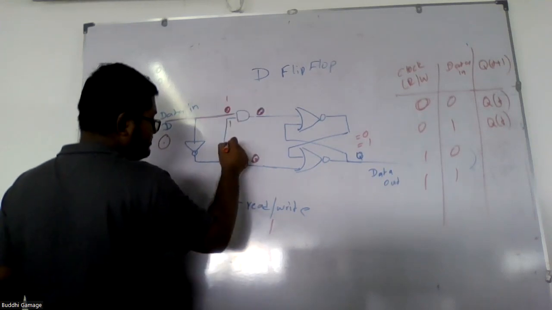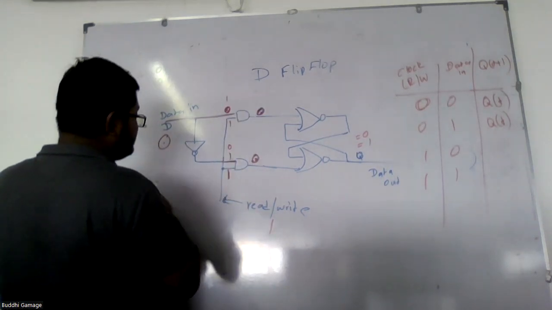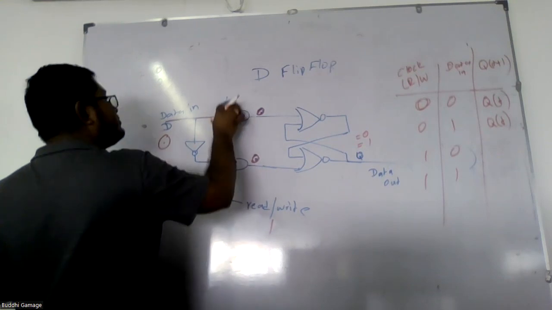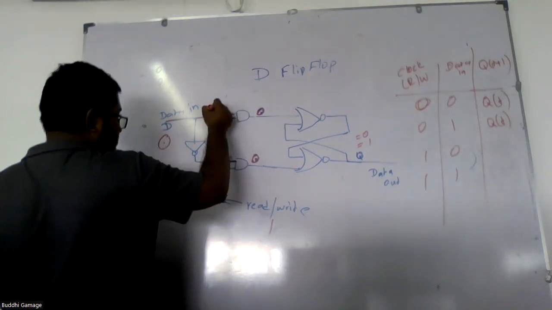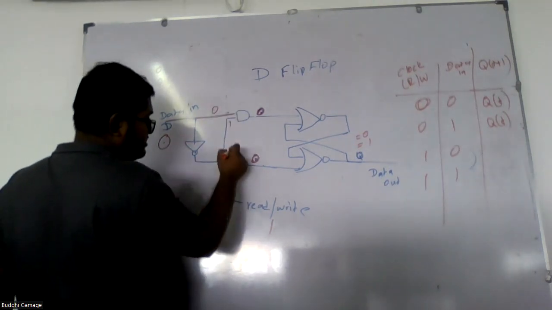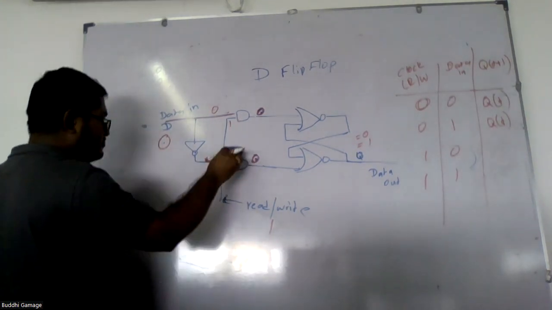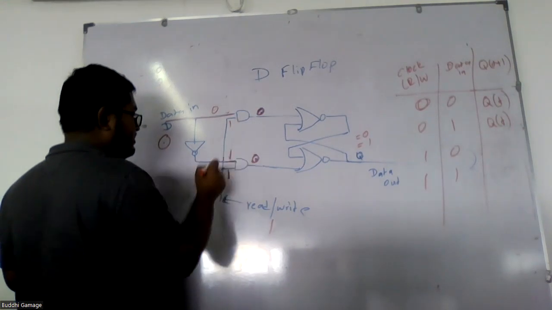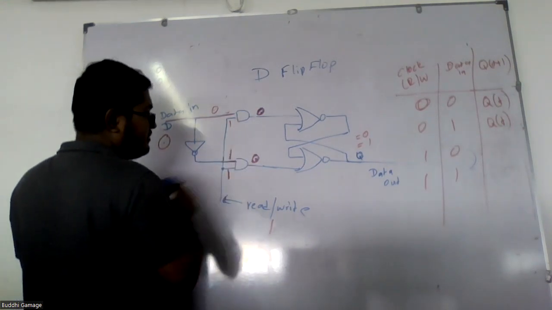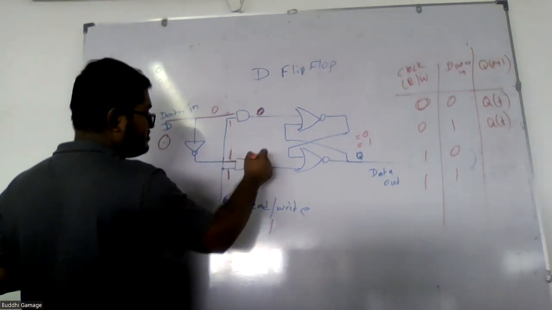If it is 1, this will be 0, since the NOT gate is here, right? So now this line is in the 0 state. Then it means this will be 1, 1, or this line is 1. So 1, 1 means this is 1.